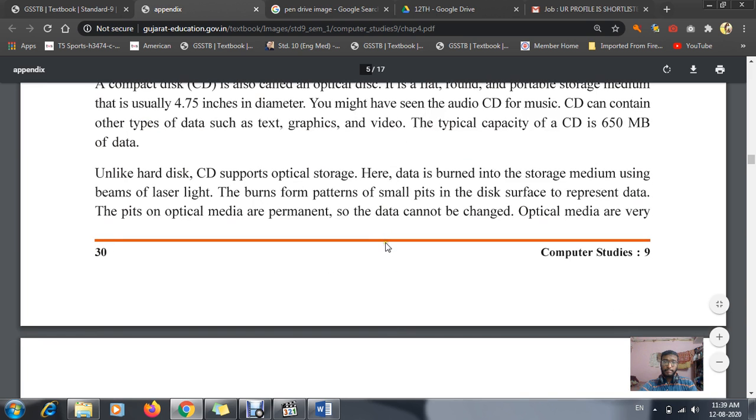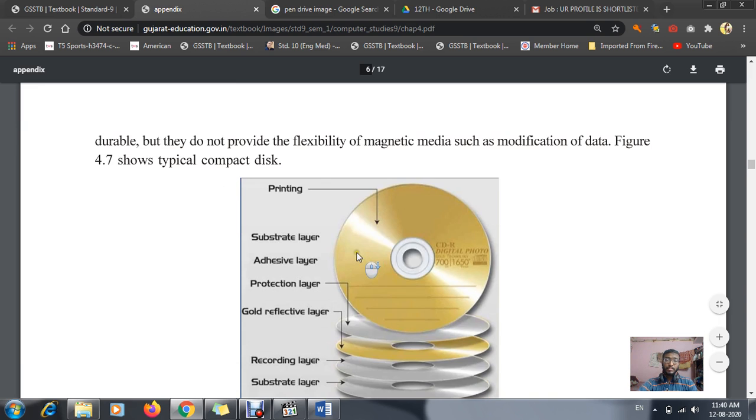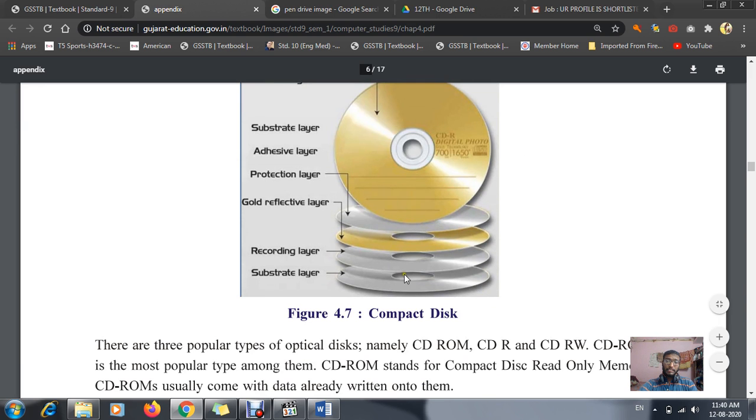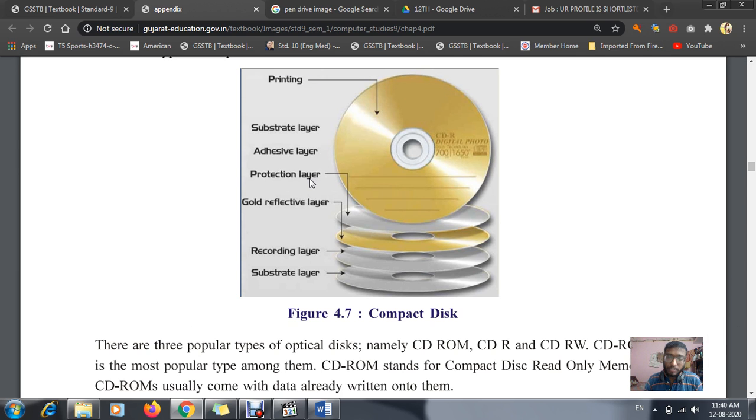Understand? Okay, now this is your normal CD, where they have the substrate layer, recording layer, gold reflective layer, protection layer, adhesive layer, substrate layer. These layers are given because CDs and DVDs have to be handled very carefully.